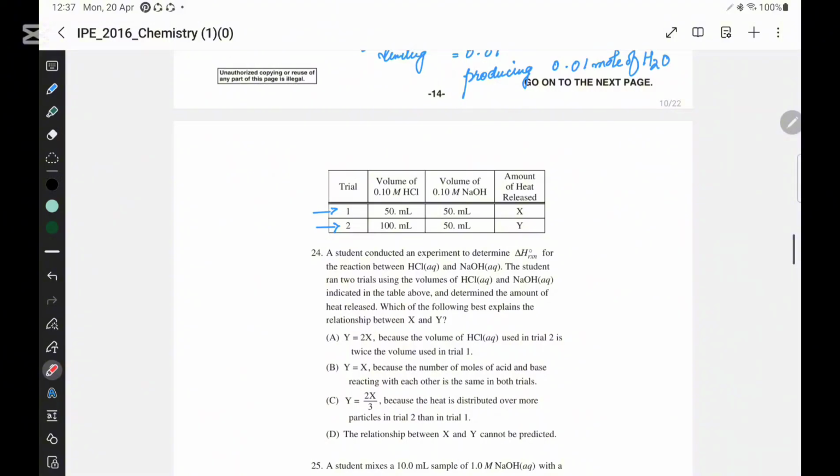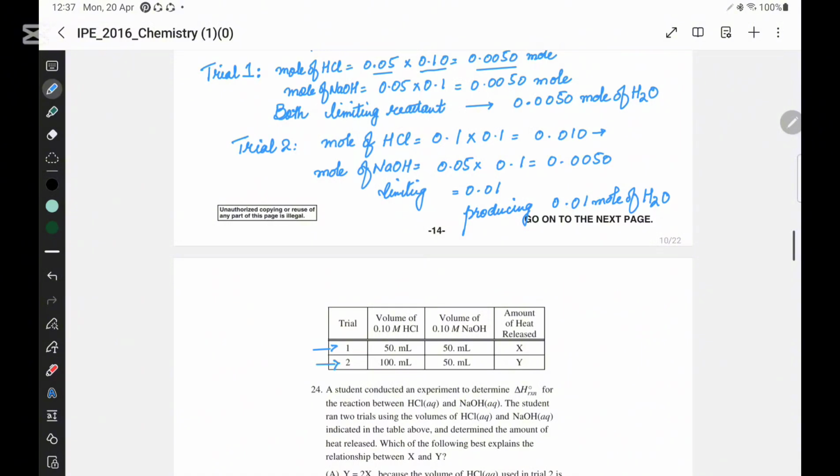So what we can say here is that because the number of moles of acid and base reacting with each other is the same in both trials, Y is equal to X. Because in the second reaction, HCl is... sorry, the limiting reactant is not HCl, the limiting reactant is NaOH, because it has fewer moles.